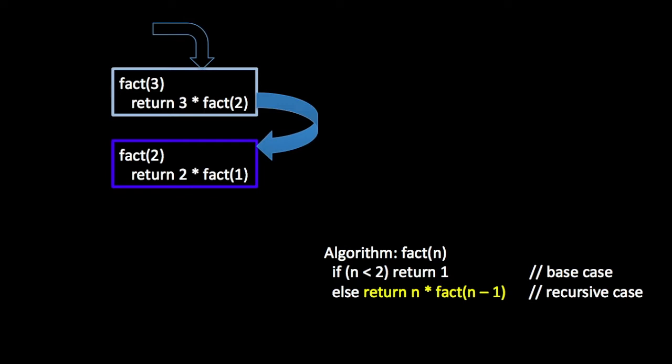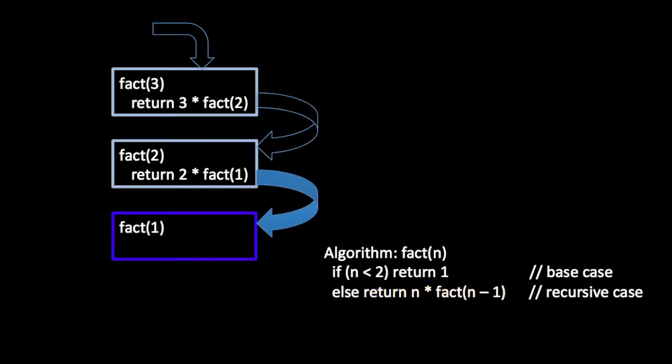Well, fact of n minus 1 is fact of 3 minus 1, which is 2, so it will call fact of 2. When the activation record for fact of 2 gets created, the algorithm will check to see if the argument n is less than 2. Well, 2 is not less than 2, so it's going to go to the recursive case and try to return 2 times fact of 2 minus 1, or fact of 1. As a result, it calls fact of 1. Next, it checks to see if n, that is 1, is less than 2. Well, in this case, 1 is less than 2, so we've reached the base case, and it returns 1. So the current activation record will return the value 1 to the copy of the algorithm that called it.